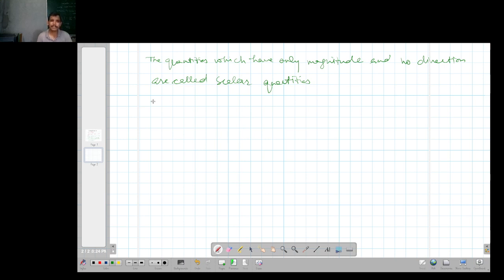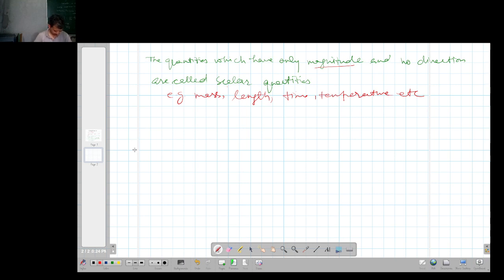For example, mass, length, time, temperature, etc. These are the certain quantities which are having only magnitude but no direction.